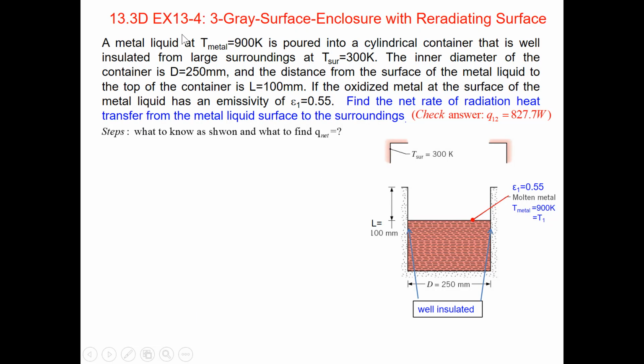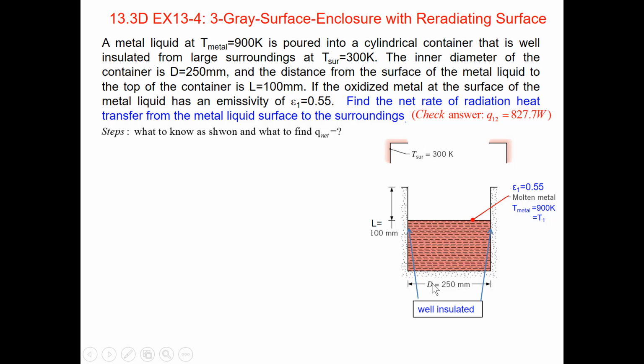D. Example 13-4, 3 gray surface enclosure with re-radiating surface. A metal liquid at this temperature is poured into a cylindrical container. The container is well insulated from large surroundings at this temperature.